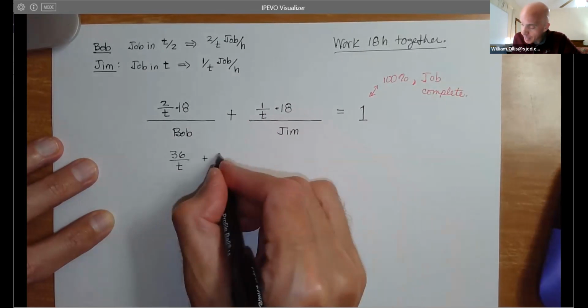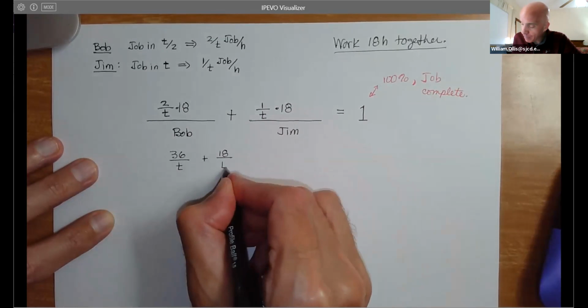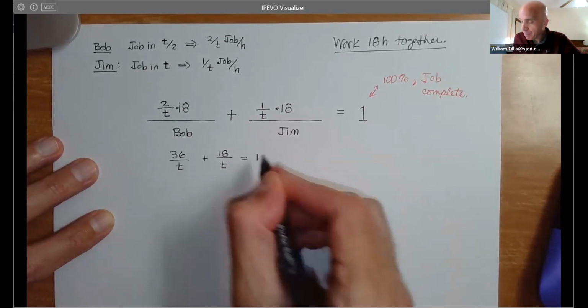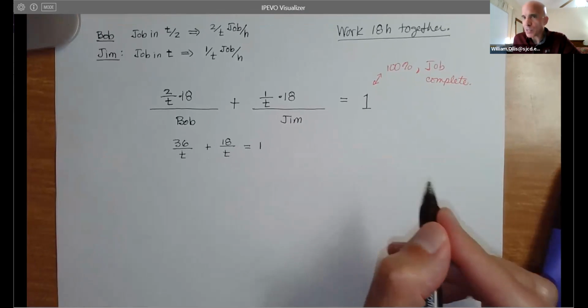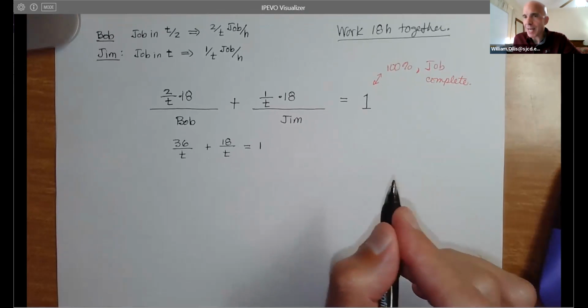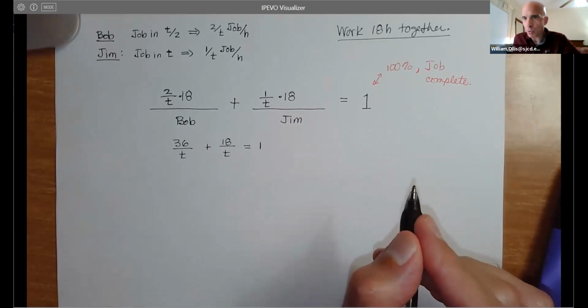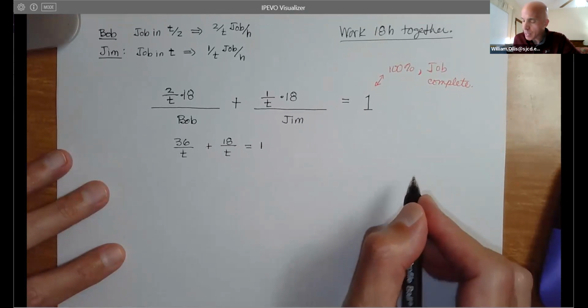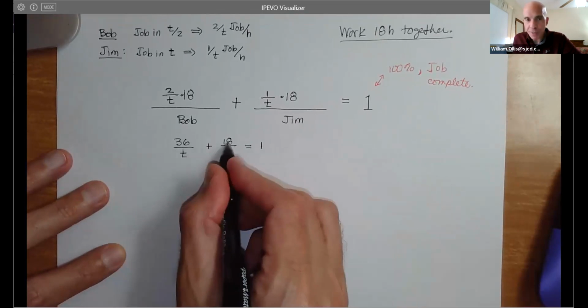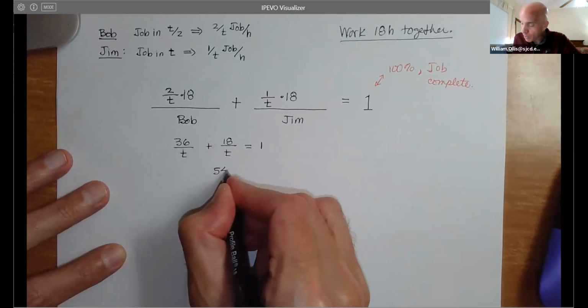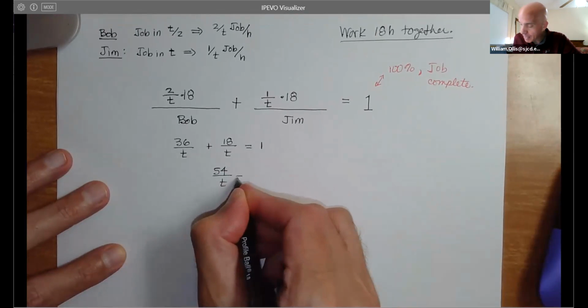And then of course 18 over T, and we have the common denominator. So again, this is very simple. That's why I saved this for the last word problem, and then we're going to start talking about inequalities. So again, 36 plus 18 is 54. Very simple arithmetic, divided by T equals 1.